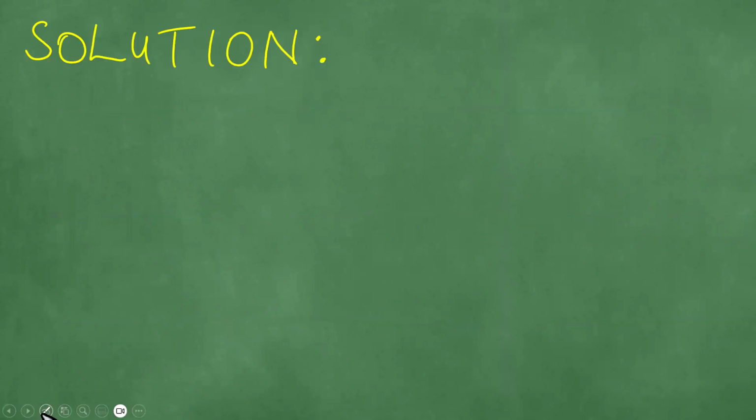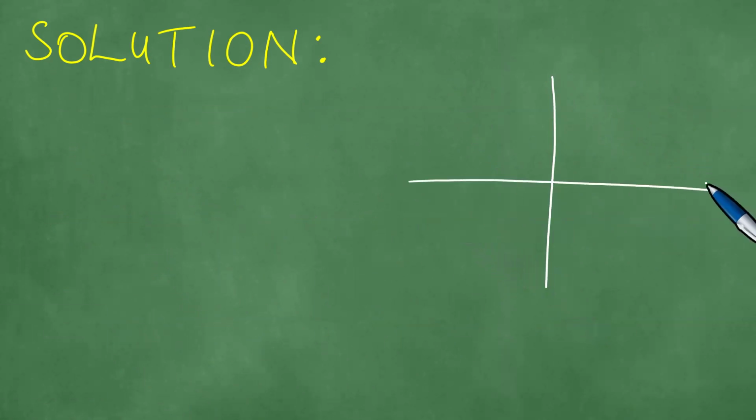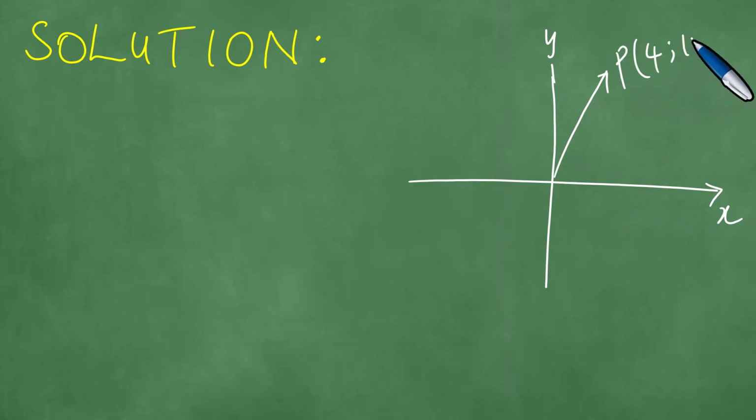So we first draw this Cartesian plane here. And then we have the point P with coordinates (4, 13).